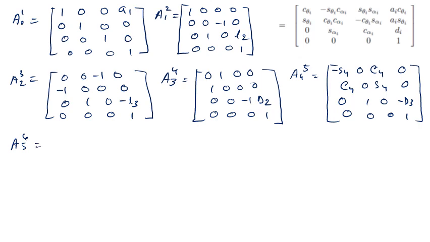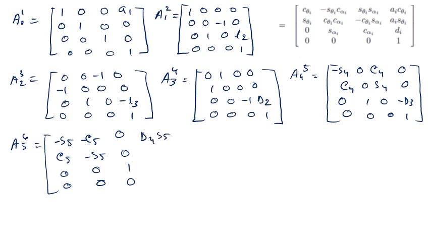A56: minus S5, minus C5, minus C5, C5, minus S5, 0, 0, 0, 0, 0, 1, 0, then D4 S5, minus D4 C5, and then 0, 1.